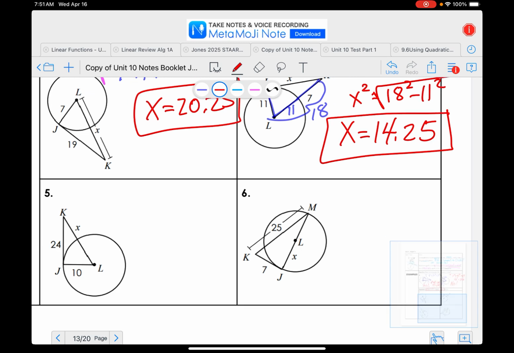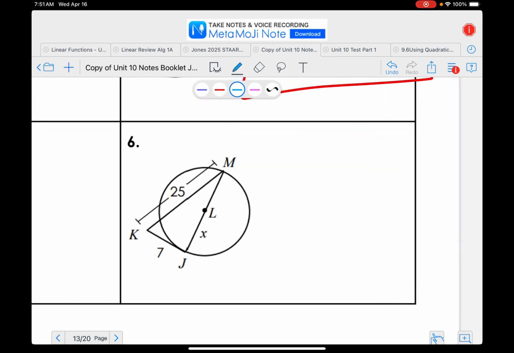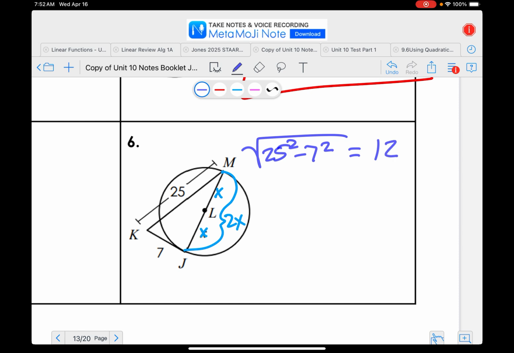Let's do one more. Let's do number 6. So number 6, if the radius is X, then this side is 2X. So we can take our little shortcut here. We can do hypotenuse squared minus side squared and get, what is that, 12. That would be 2X.